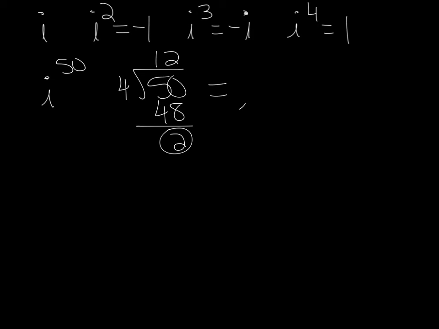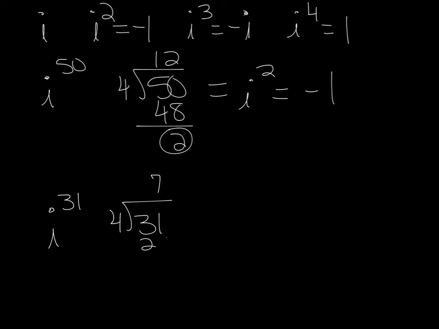So i to the 50th is the same thing as i squared, which is -1. Okay, what about i to the 31st? Take the 31, divide by 4, you get a remainder of 3. So i to the 31st is the same thing as i cubed, which is -i.